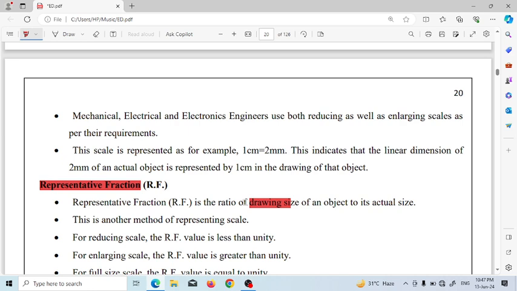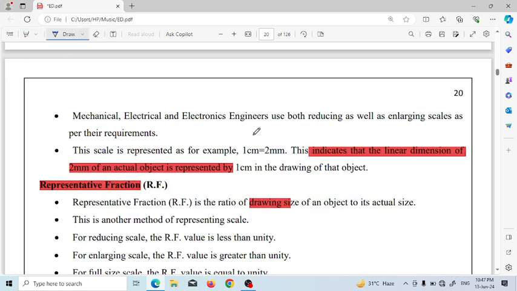So for example, we have to reduce this. This is an object and this is the sheet. We have to draw this object on this sheet.